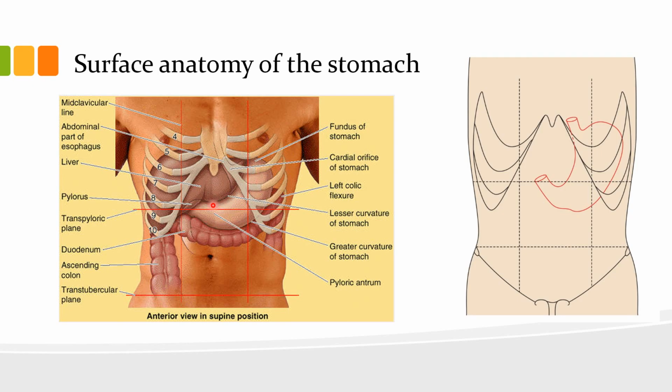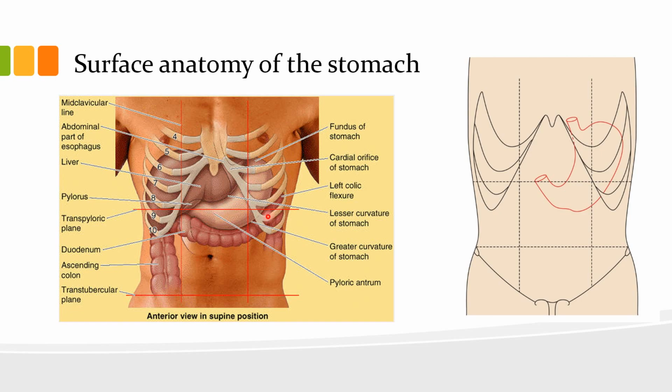The stomach is variable in position because it dilates and moves during digestion, but generally we can say that when it is empty or slightly full, it occupies the left hypochondrium, the epigastric region, the upper part of the umbilical region, and a small part of the left lumbar region. فيمتد على هاي المناطق كلها.